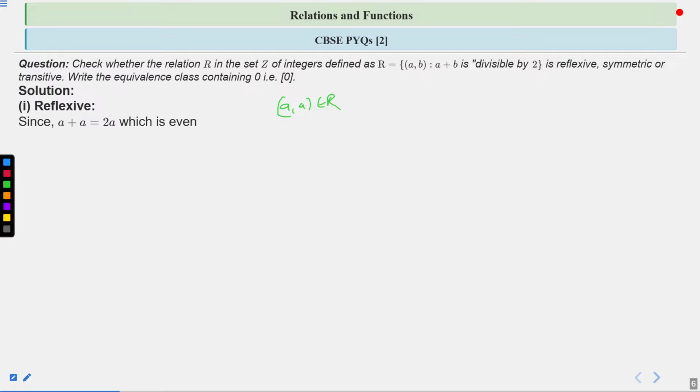Therefore, a plus a equals 2a, which is even, and which will always be divisible by 2, right? Therefore, (a, a) belongs to R for all a belongs to Z. Hence, the relation R given is a reflexive relation, okay?